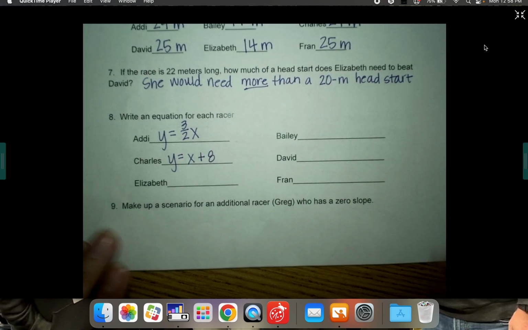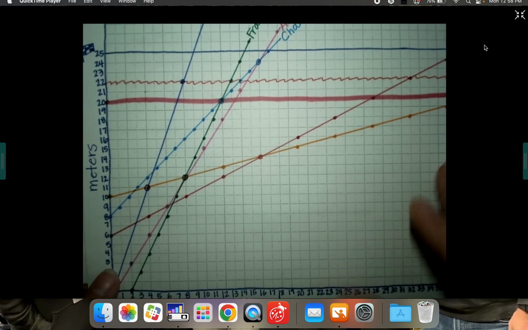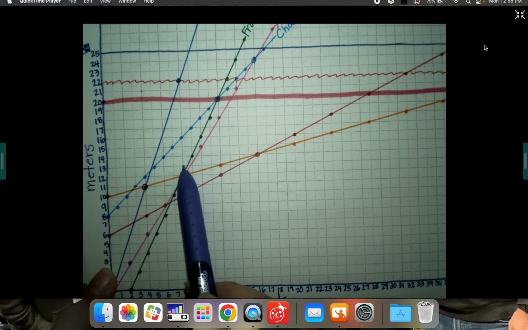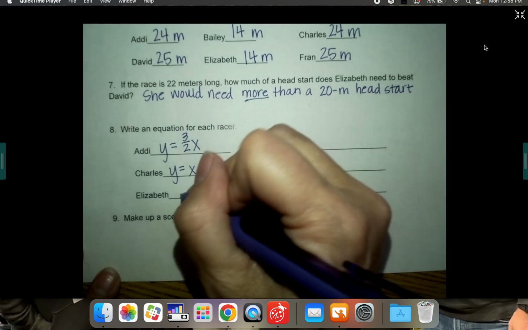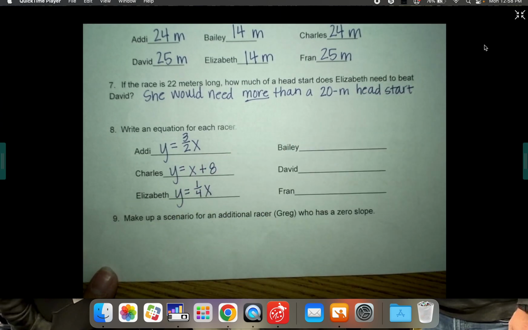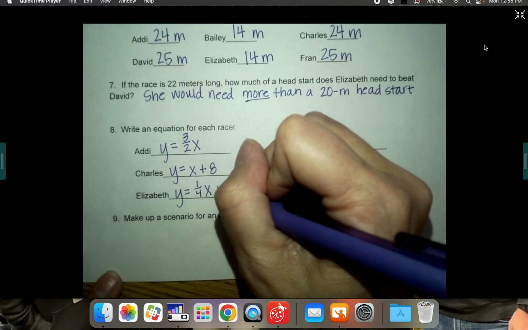Good. Okay, Elizabeth, my little flat tire participant. Her rate we just said was up 1/4, so 1/4 x. So y equals 1/4 x plus where? 10. She got a 10 meter head start, plus 10.